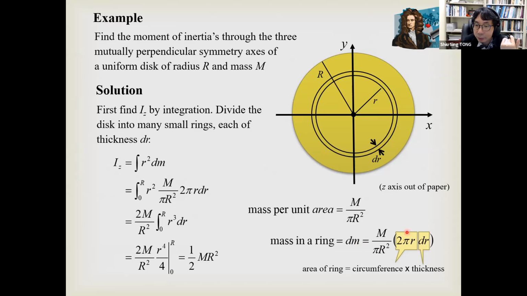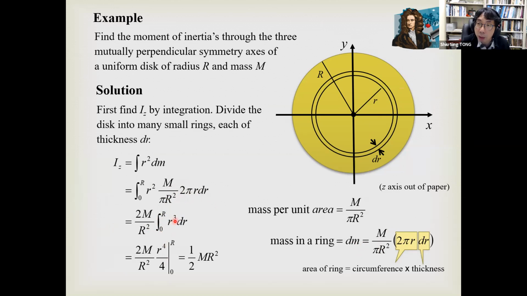Okay, so we put it back here to do the integration. We take out all the constants, and we are left with an integration of r cubed. Of course, the integration starts from the axis, which is r equals 0, up to the rim of the disk, which is capital R. So this is the integration range.